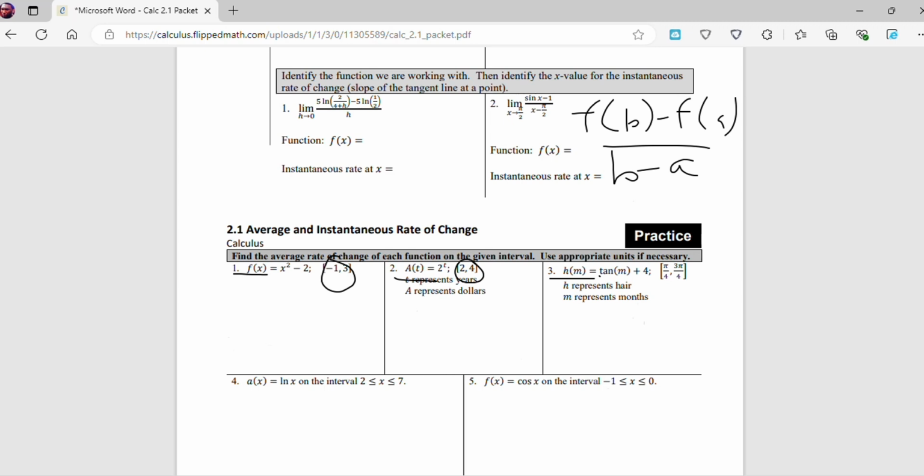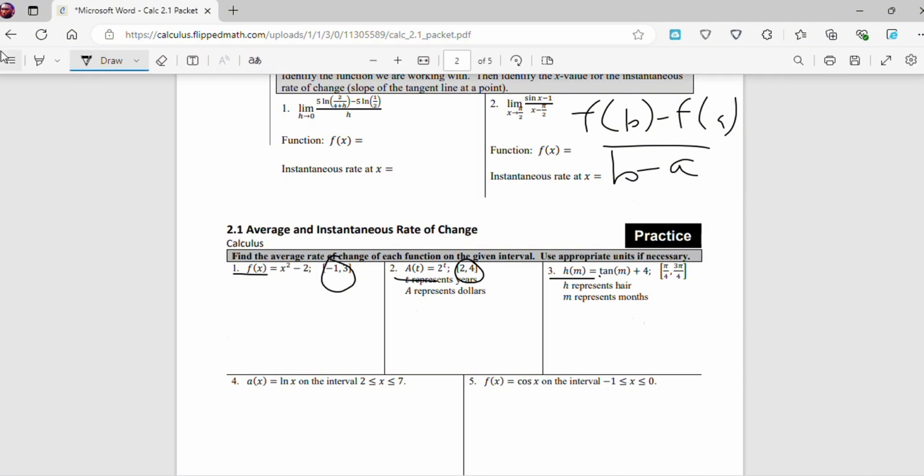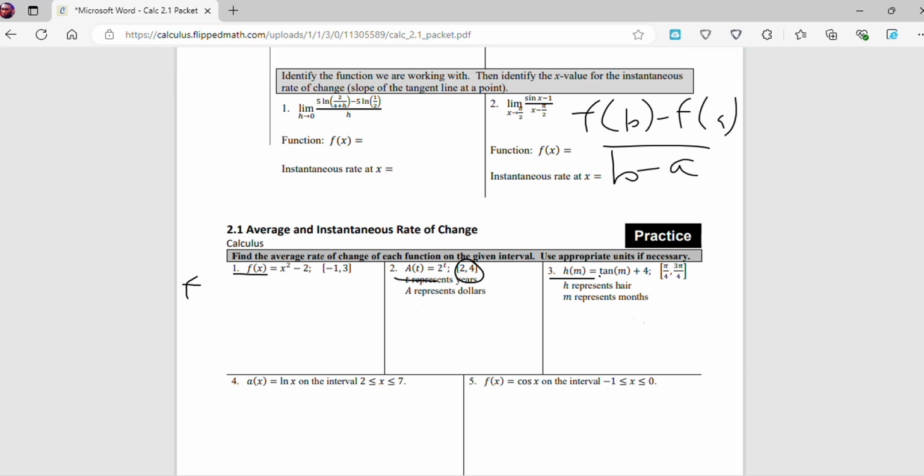So, number one, we have f of x equals x squared minus 2, and then we have negative 1 to 3. Now, you want to always set up your equation so that you don't make a silly mistake.